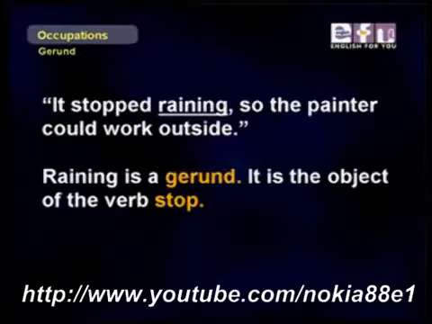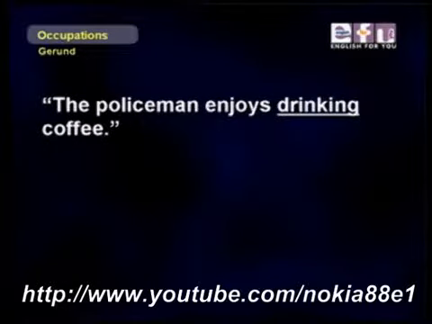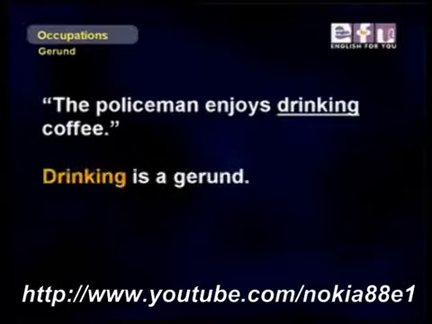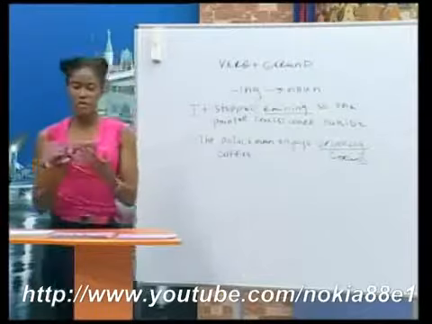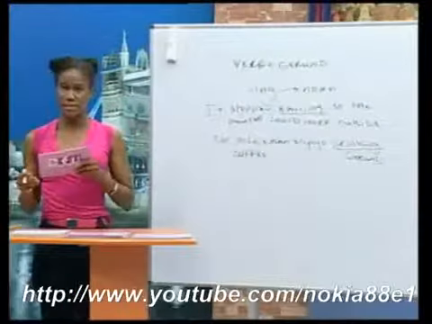Next example. The policeman enjoys drinking coffee. Okay, now in this example, drinking is the gerund, the object of the verb enjoys. Gerunds can also be used with negative sentences.